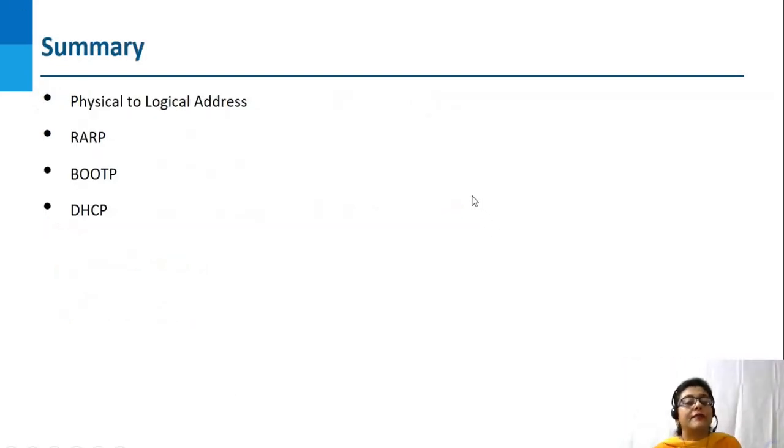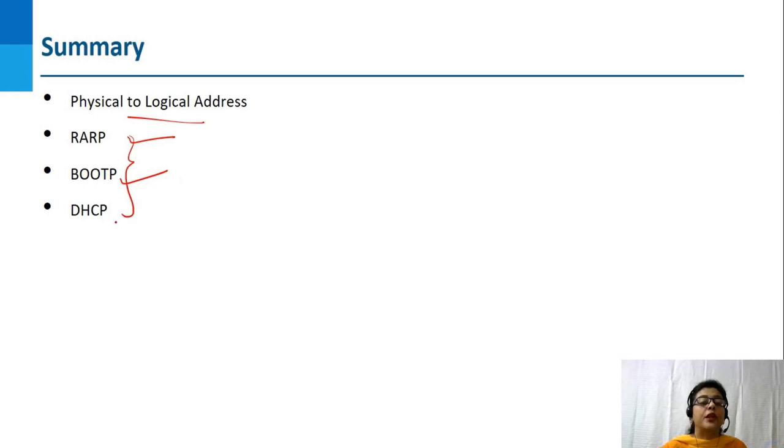In this video, we have learned about physical to logical addressing. We have learned about 3 different protocols. One is the RARP or Reverse Address Resolution Protocol. The second one is the BootP protocol or the Bootstrap protocol. The third one is the DHCP or Dynamic Host Configuration Protocol. To recall, RARP works at the data link layer and has certain disadvantages.